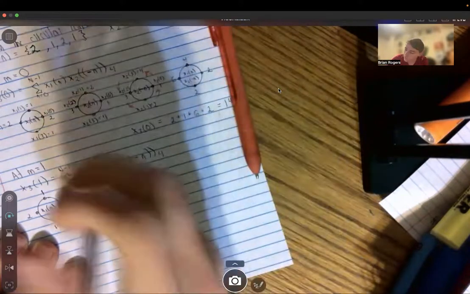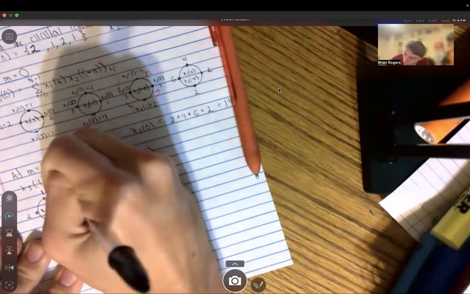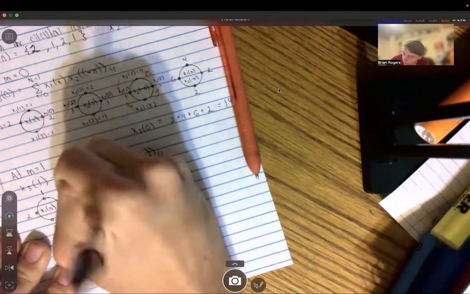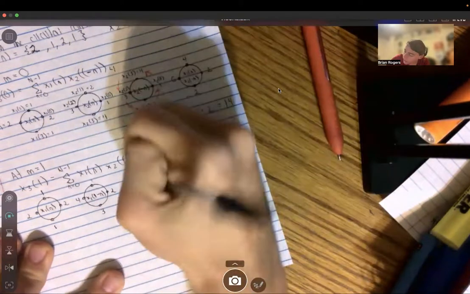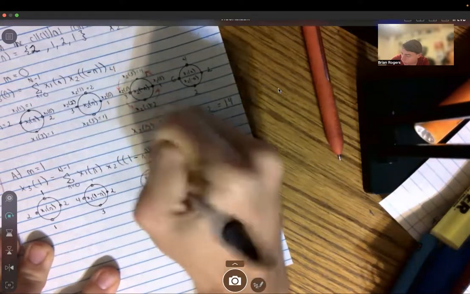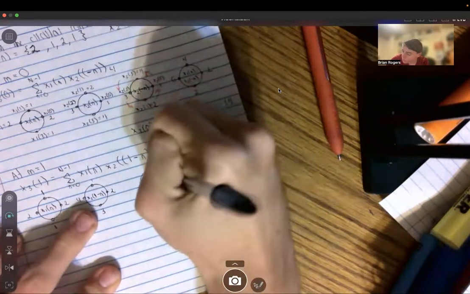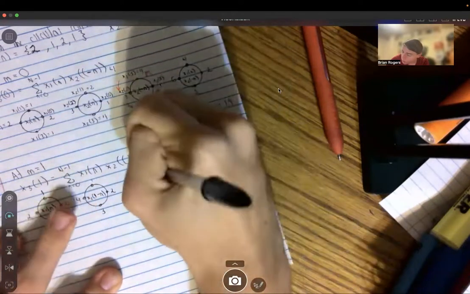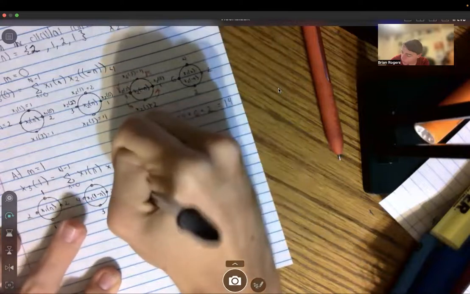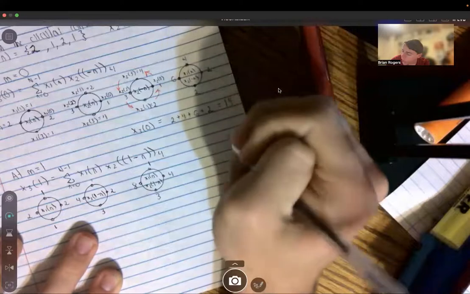That makes this spot now become 2, this spot now become 1, this spot now become 4, and this spot here 3. Now when you multiply your x1 of n by your x2 of 1 minus n, you get as your result 2 times 2 is 4, 1 times 1 is 1, 2 times 4 is 8, 1 times 3 is 3. And now you add them all together.